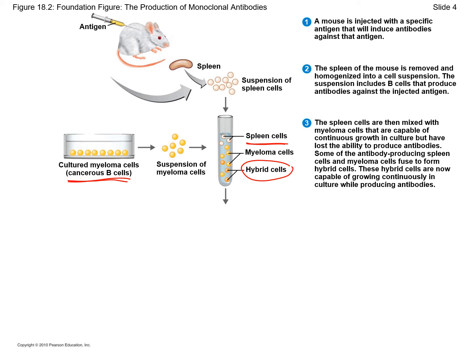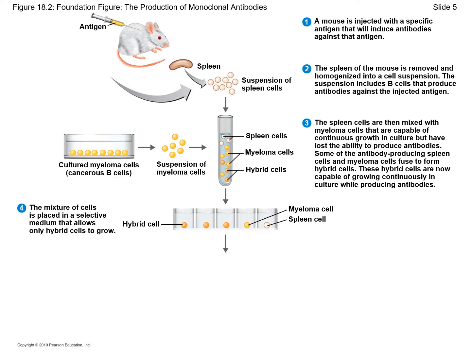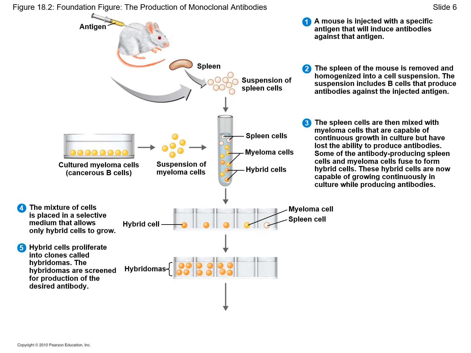Once you have mixed the spleen cells with the cancer cells and created some hybrid cells, then you separate those cells into individual wells. So every cell has its own well. And once you do that, you identify the hybridomas, those B cells that have fused with cancer cells and can live indefinitely.